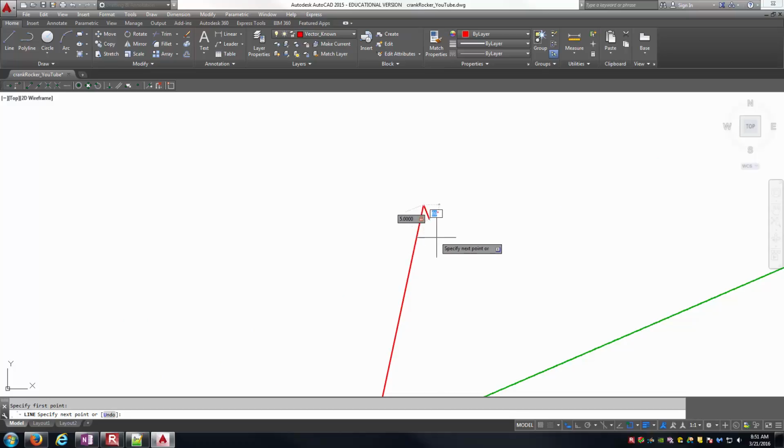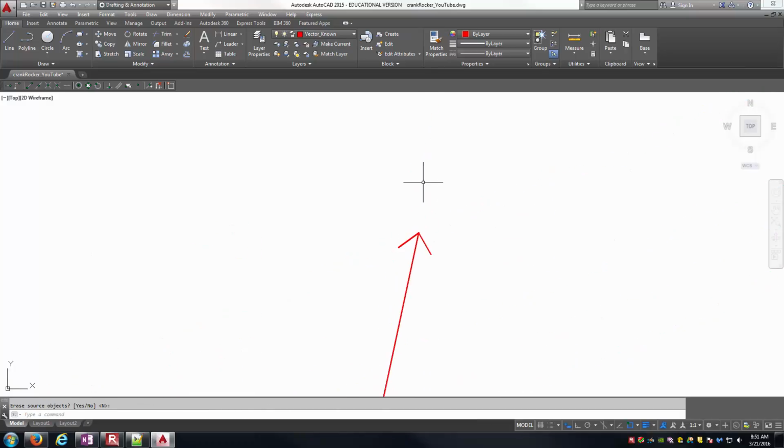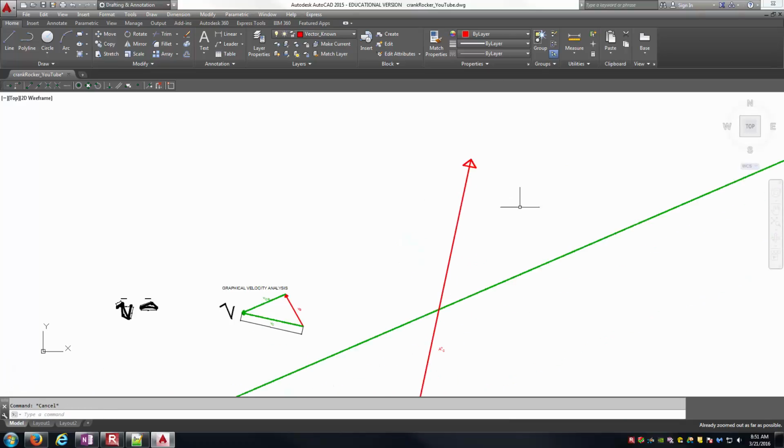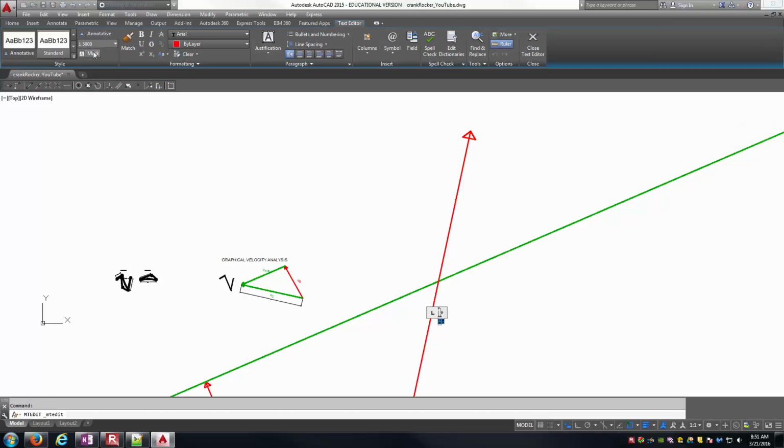Make this one a little bigger. The arrow's a little wider, but it should serve its purpose. Alright, so now that's the normal at C. I can hardly see the vector here, so let's bump this thing up. There we go.